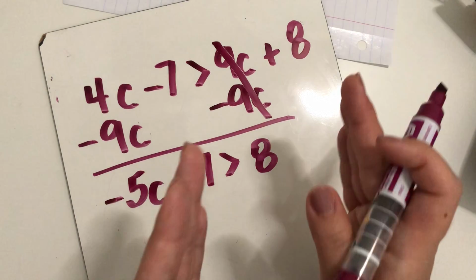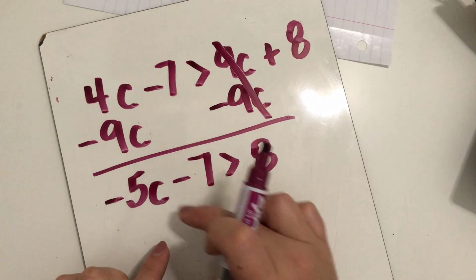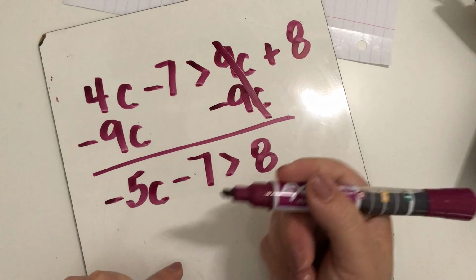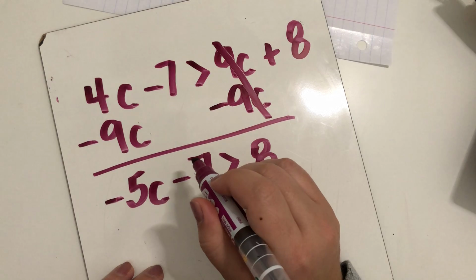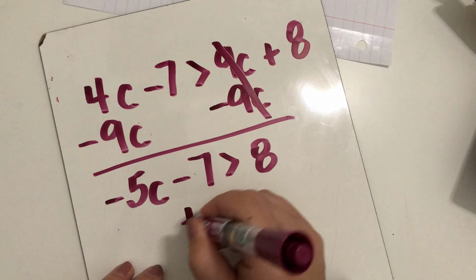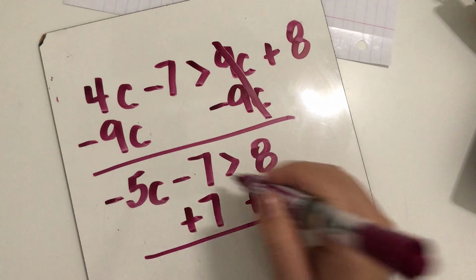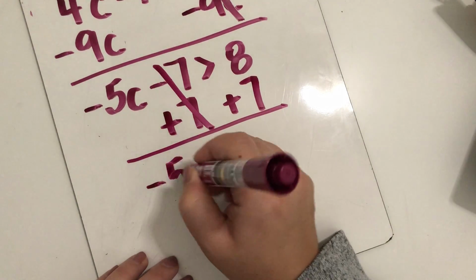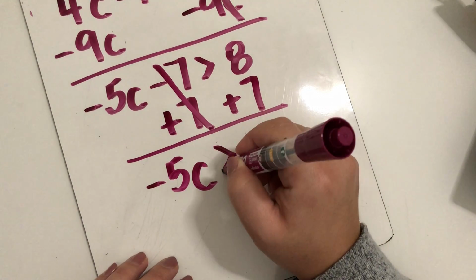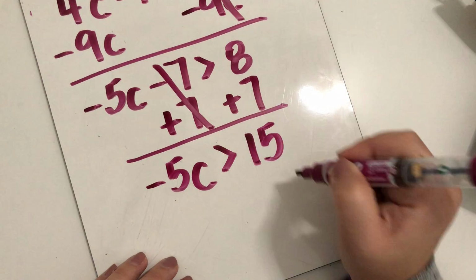Now, since I've designated all of my variables to this side, I need to move this constant value to the other side to join with the 8. If this is subtracting 7, to move it over, I need to add 7 to both sides. I bring the negative 5c down, the greater than, and by combining these together, I get a positive 15.